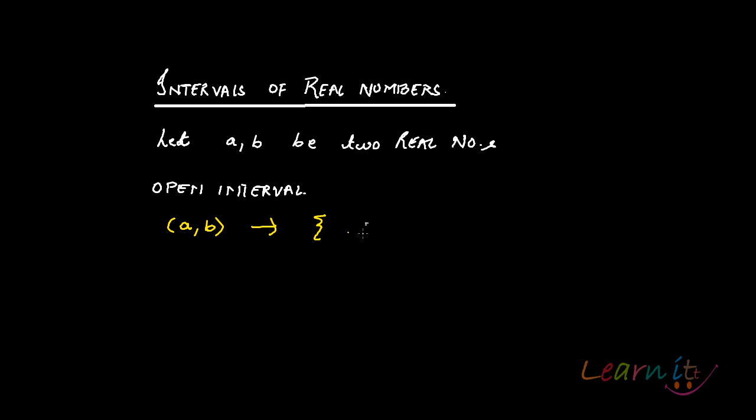To define a real open interval (A, B), these are called open brackets, I define it as the set of all real numbers x such that those real numbers lie strictly between A and B.